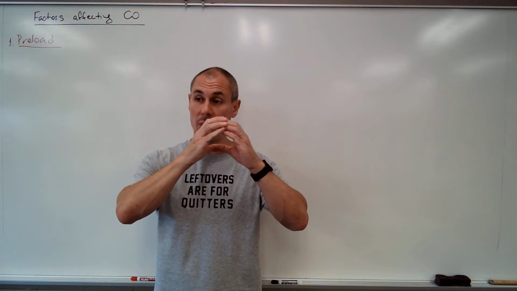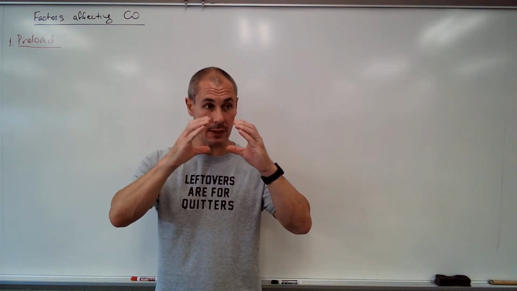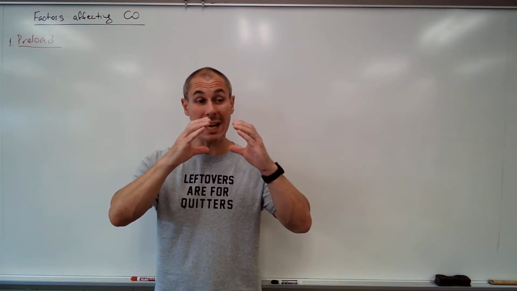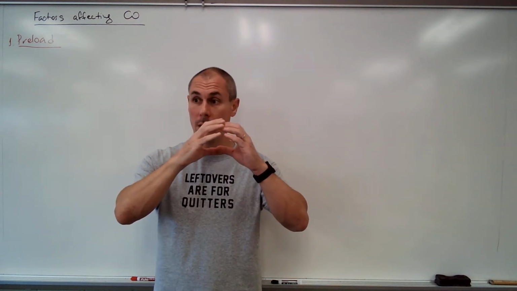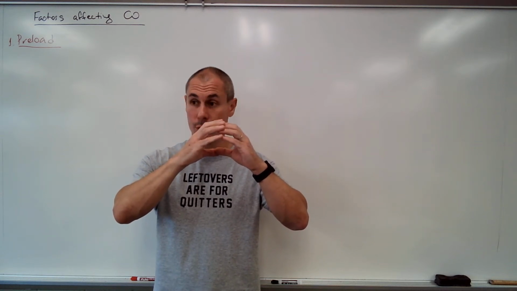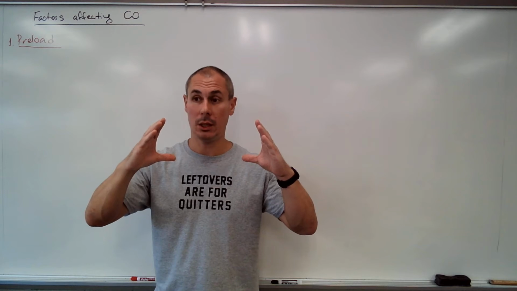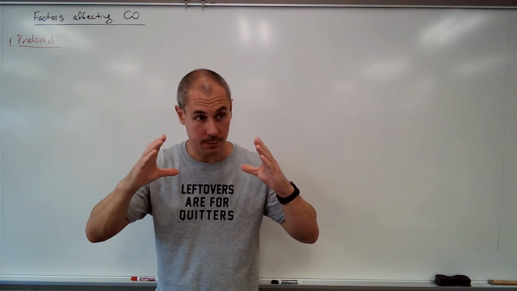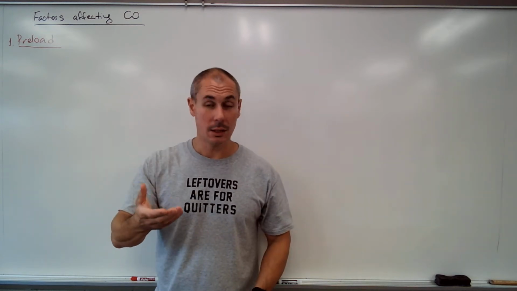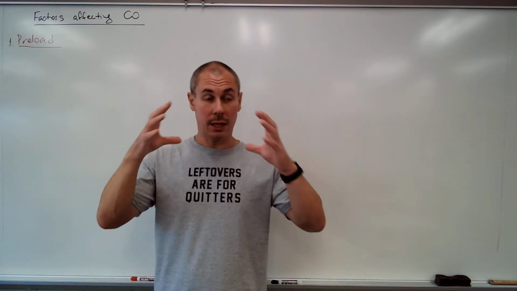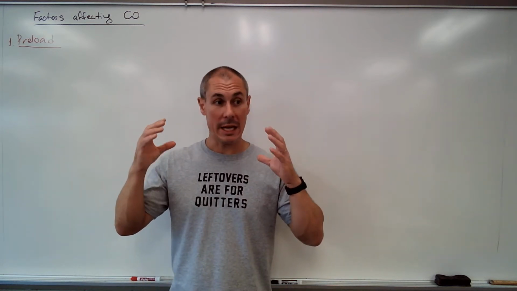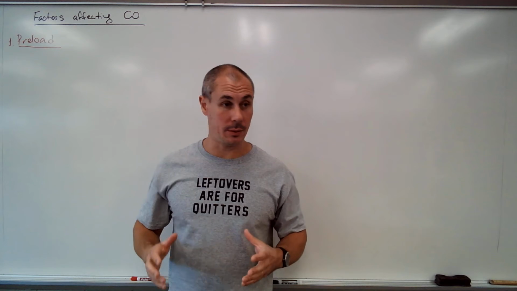If you load it with blood to that extent, it will contract with a certain force. If you load it with blood so it stretches like this, it will contract with a bigger force. Does that make sense? So at the end of the day, the larger volume will still be expelled, will still be ejected from the heart.